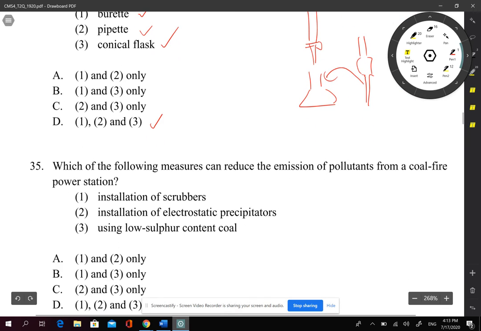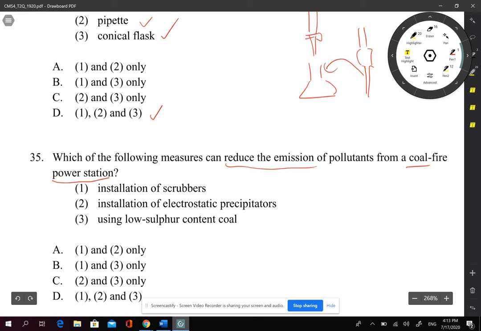For question number 35, we are talking about reducing the emissions of pollutants from power stations. Power stations burn coal, and coal usually contains sulfur, so you will form sulfur dioxide as one of the main pollutants.